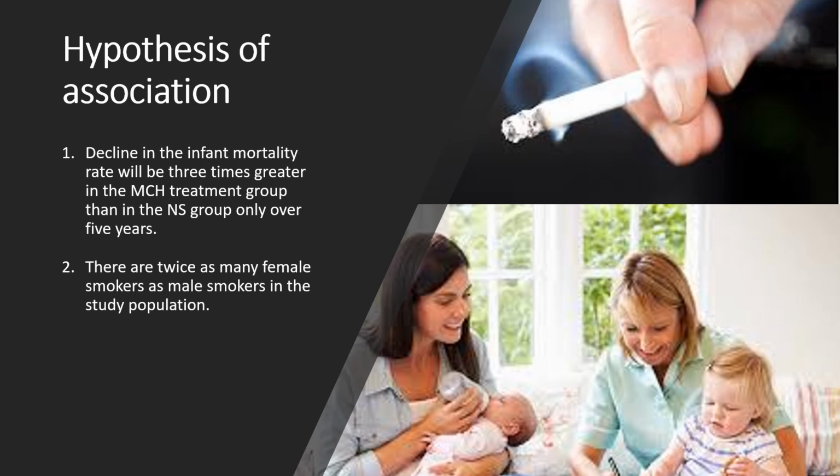Now, this type of hypothesis stipulates the extent of relationship in terms of the effect of different treatment groups on the dependent variable. For example, 3 times greater in the MCH treatment group than in the NS group only over 5 years. Or the fact that we said the prevalence of a phenomenon in different population groups is twice as many female as male smokers. Now, this type of hypothesis is called the hypothesis of association.